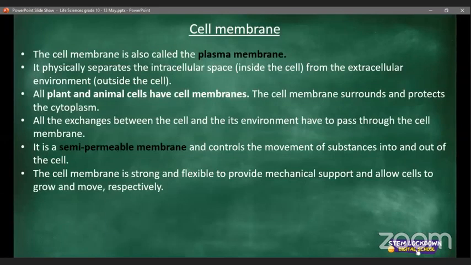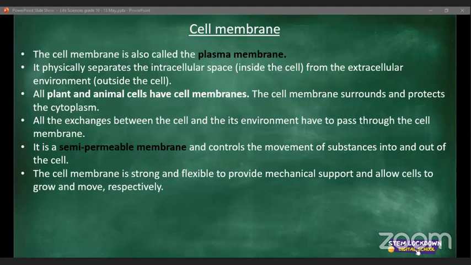The cell membrane is also called the plasma membrane. Take note of this. It is also called the plasma lemma, if you come across that name in your textbooks.